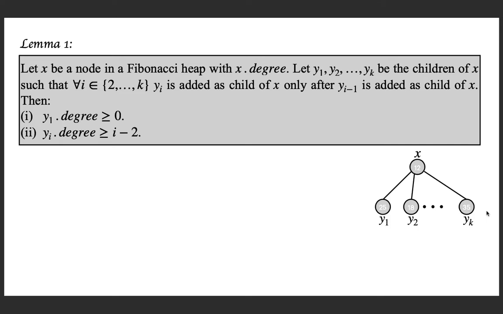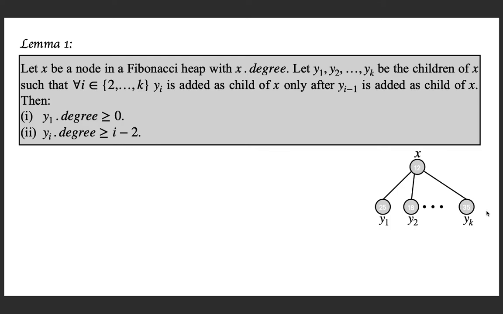And note that in a Fibonacci heap, how are you adding child nodes and when is it happening? If you recall, when you want to insert a node, the insert procedure inserts the new node as a single node tree to the root list. That is how you add it.